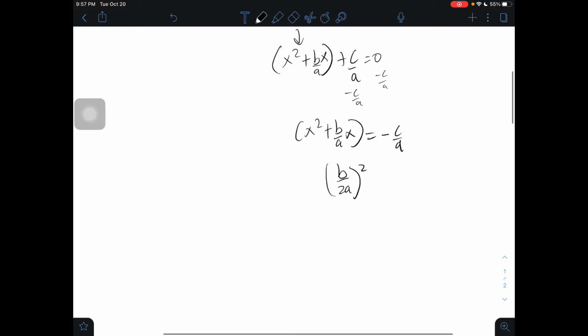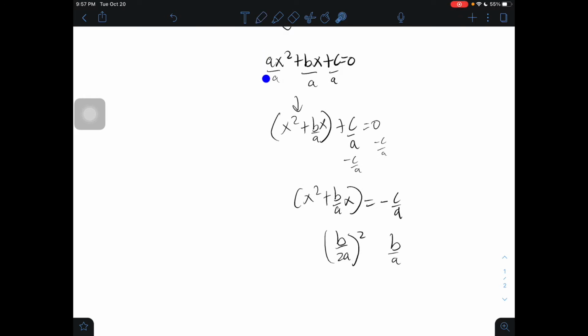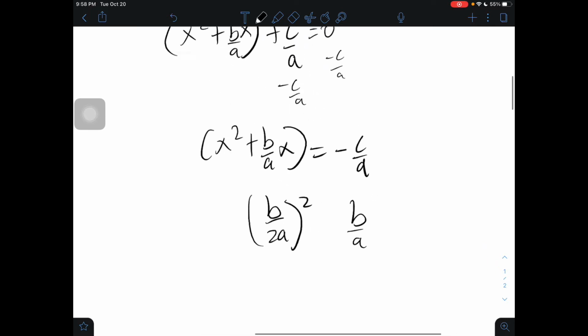So we get b over a, over 2 times a, and our a value can be assumed to be 1, because a divided by a cancels out to 1, because anything divided by itself is 1.